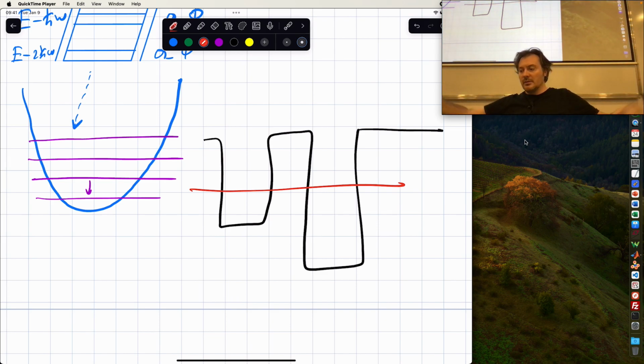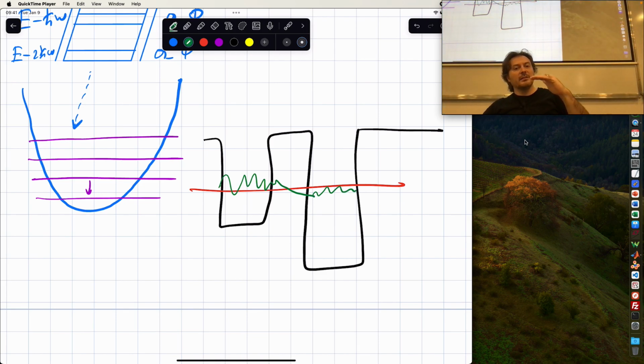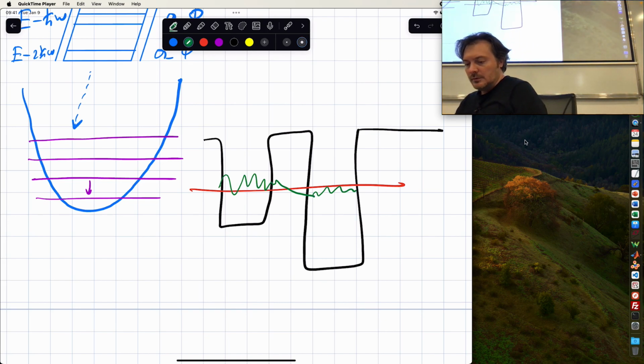So what will happen is the particle will oscillate here, it will have a decaying function there, and it will oscillate here again. But in the places where potential energy is above the energy of the particle, it doesn't oscillate, it just decays. Exactly. Yes. We will come to tunneling, not now.